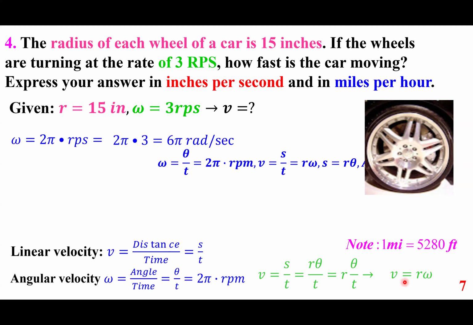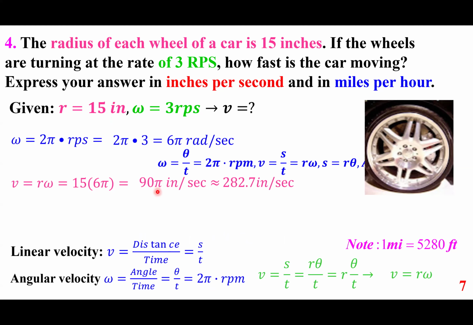What is the linear velocity? V equals R omega. R is 15 times omega. So that gives us 15 times this number we just found, 6 pi, which makes it 90 pi. Now, radians per second, because of R being 15 inches, becomes inches per second.